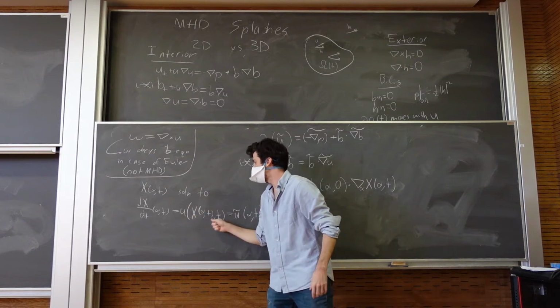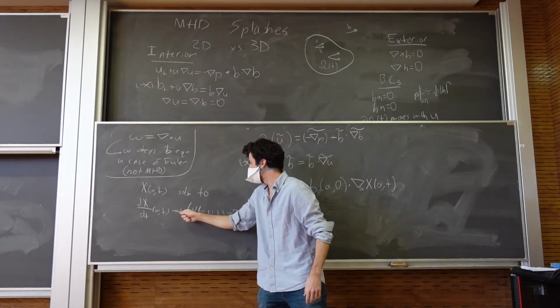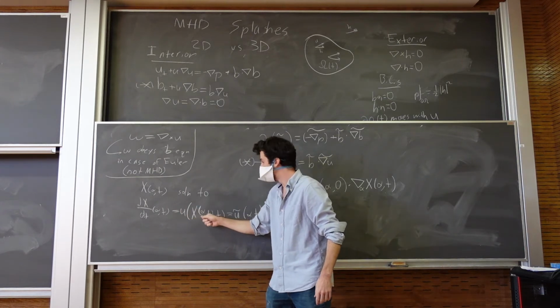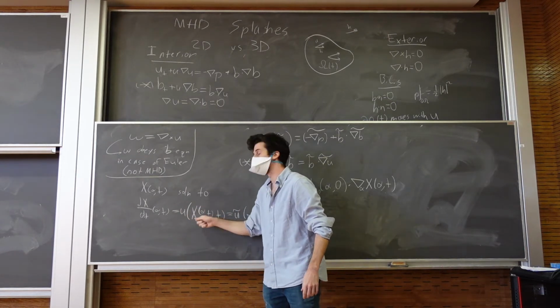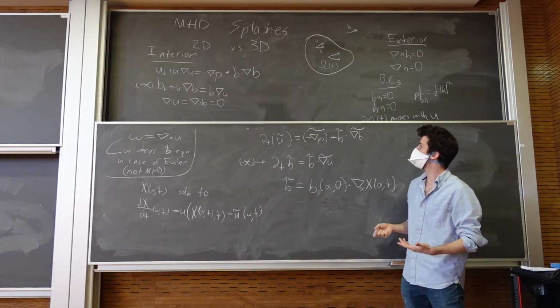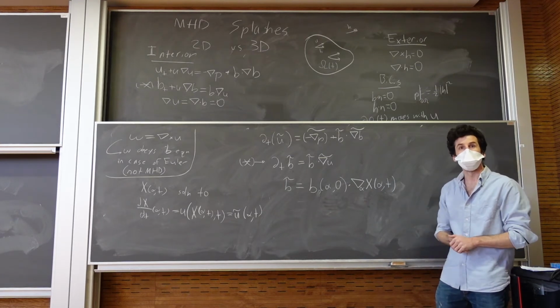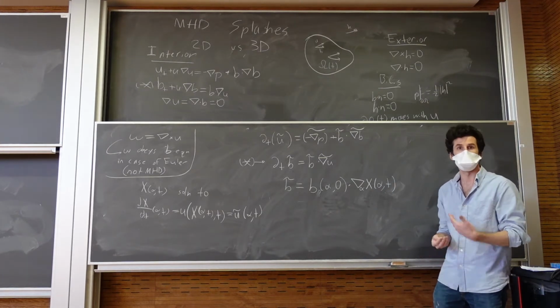I would pass the gradient onto this term. It would land on this, create gradient of u, and I would also have gradient of x. And I could just verify that it solves the equation for b tilde. And then if everything is smooth, it's the unique solution.